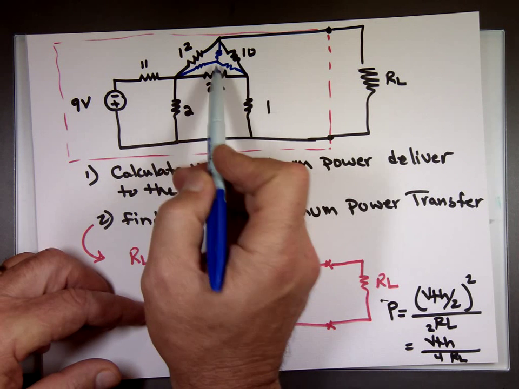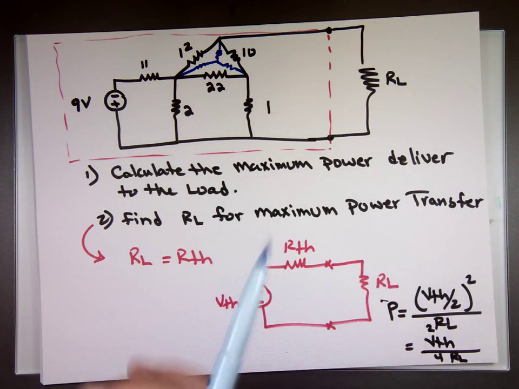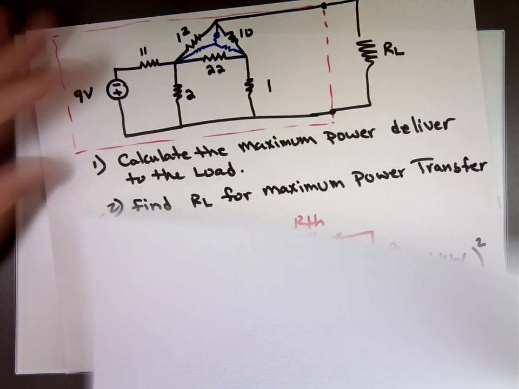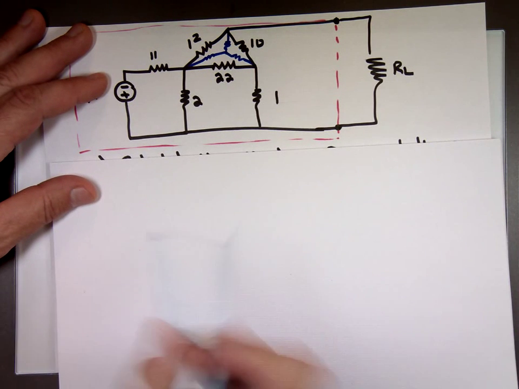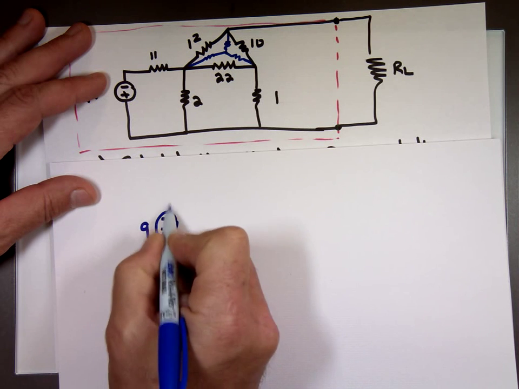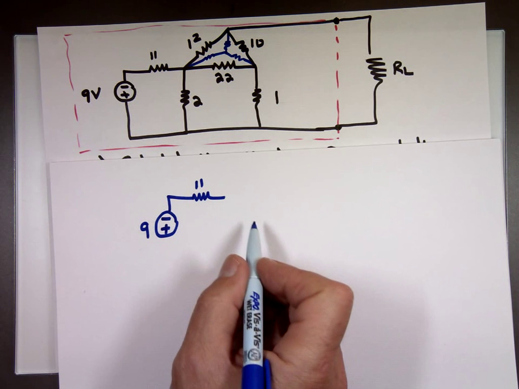And let me find what these values are. Once we have them, my circuit will look a little bit easier. So let's do that. This is minus to plus 9 volts. That's 11. I think I said 11 last time, right? Yep.